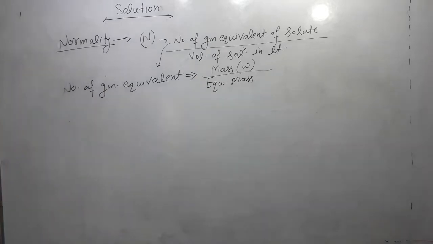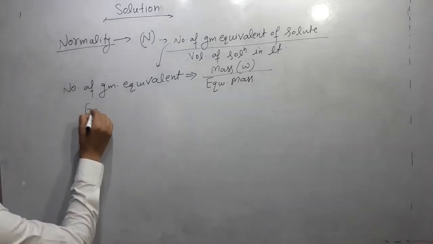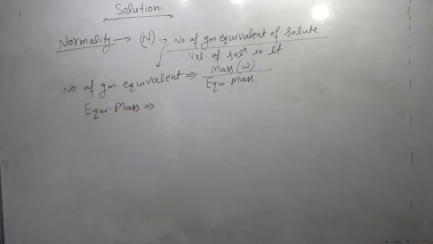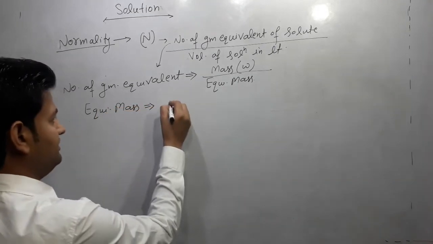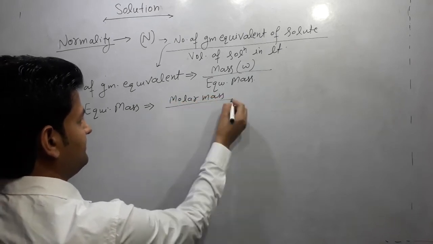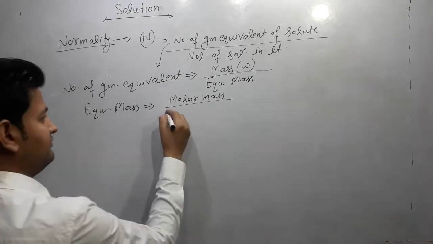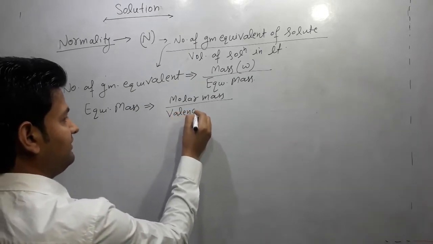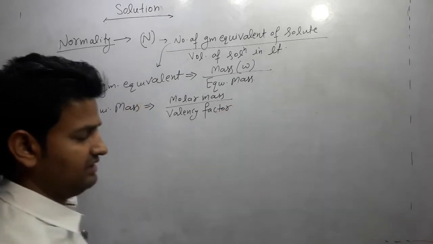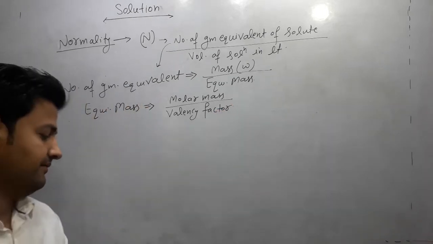Then how will you find the equivalent mass? Equivalent mass can be calculated as the molar mass divided by its valency factor. The valency factor is a combined term for different types of acids, bases, salts, etc.